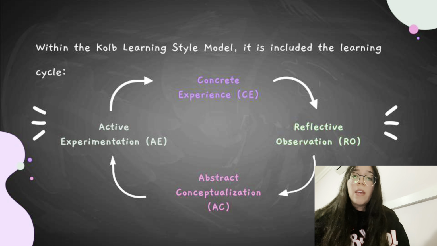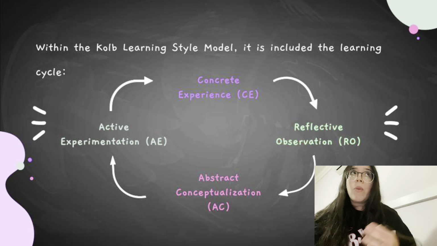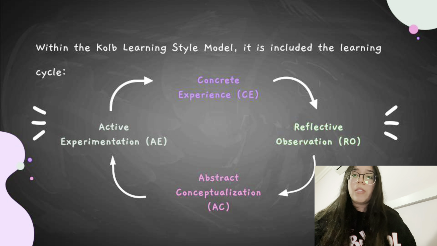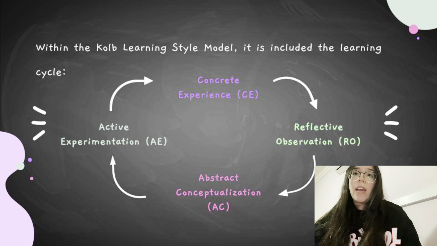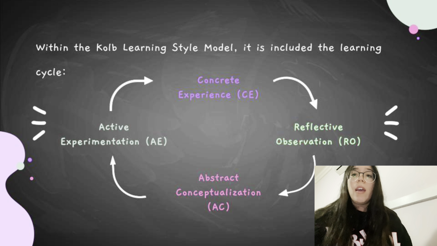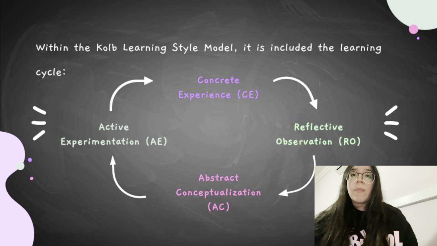The reflective observation mode describes people who would rather watch and observe others rather than be active participants. Individuals in this mode tend to appreciate more different points of view. And the activities that can be used might be journals, discussions, or even brainstormings.